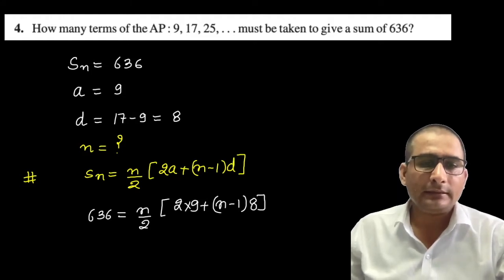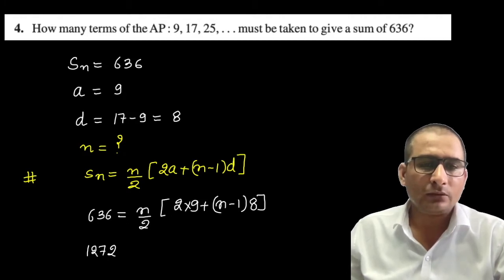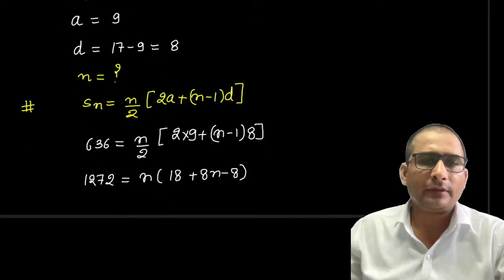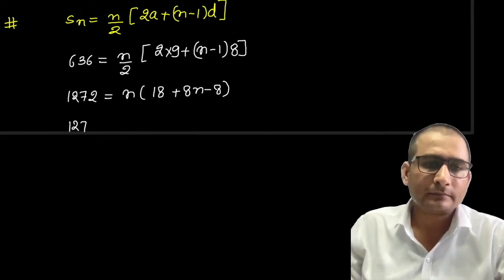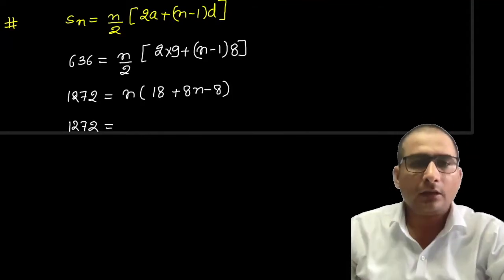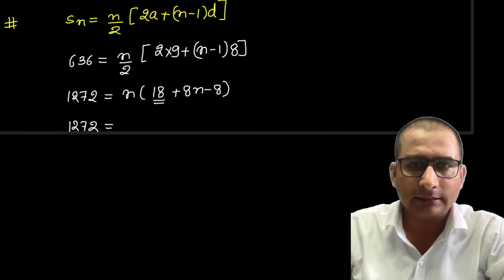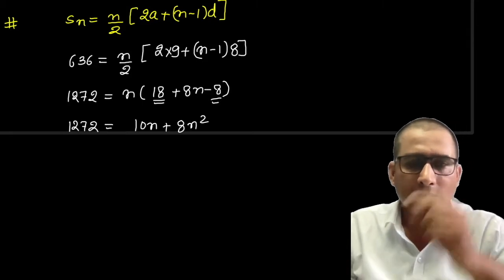Right? Take this 2 on this side, it becomes 1272, it becomes n into (18 plus 8n minus 8). Then solve it further and get the value of n. Now it can be written as 18n minus 8n, 10n, plus 8n square. तो मैंने ओपन किया.